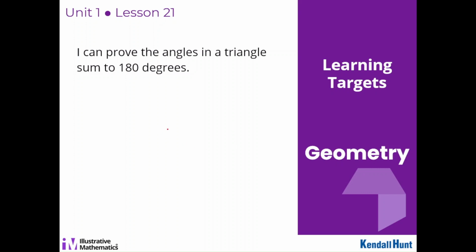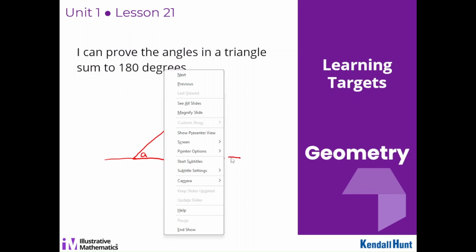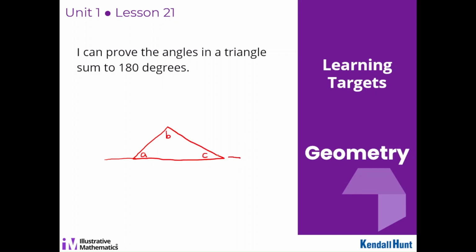So let's say we have some random triangle. And we've got angles A, B, and C. Now, what I can do is I can use the bottom of this triangle and then on the top point, I can draw another line that is parallel.